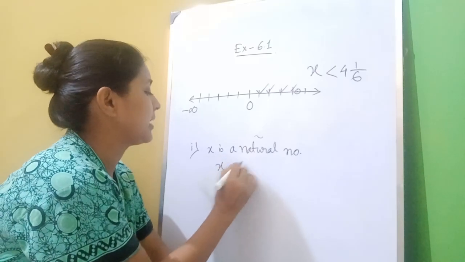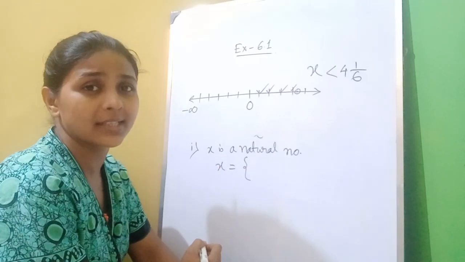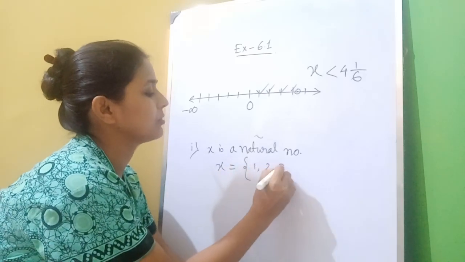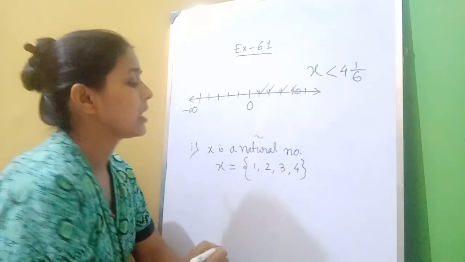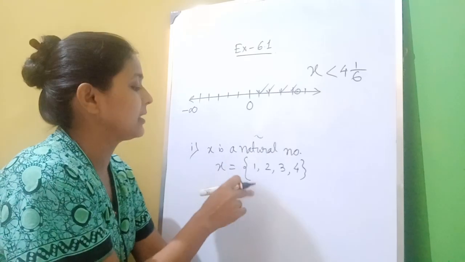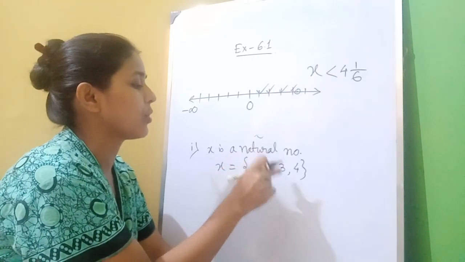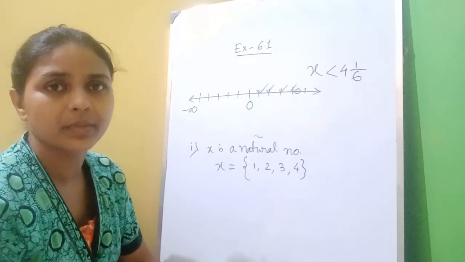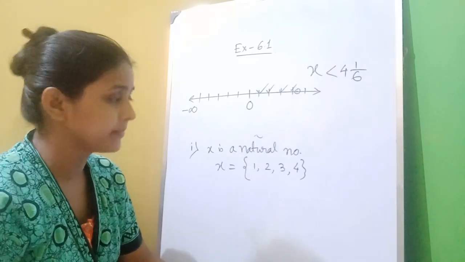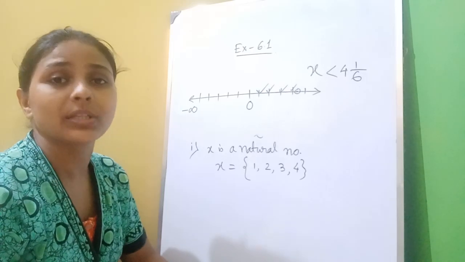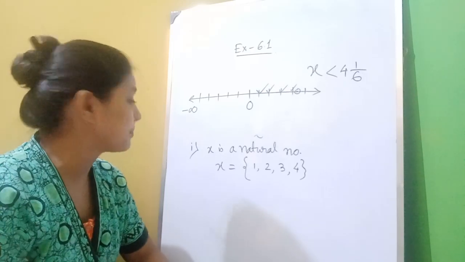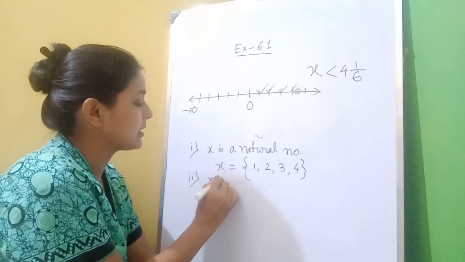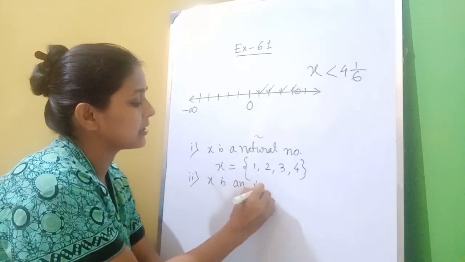So the answer will be in the set: x will be 1, 2, 3 or 4. That means x can be either 1 or 2 or 3 or 4. So x's possibilities are 1, 2, 3, 4. Okay, clear, I think. Coming to the next part, number 2: x is an integer.